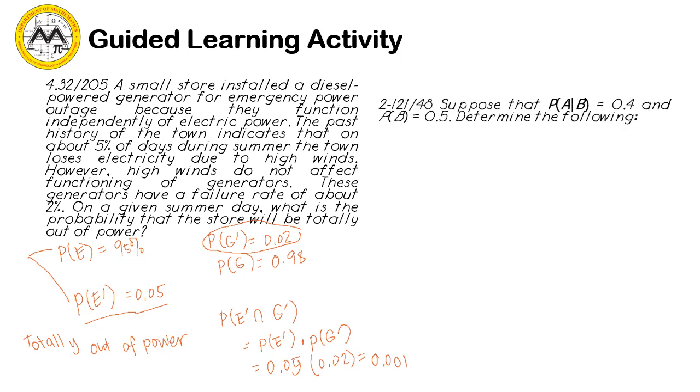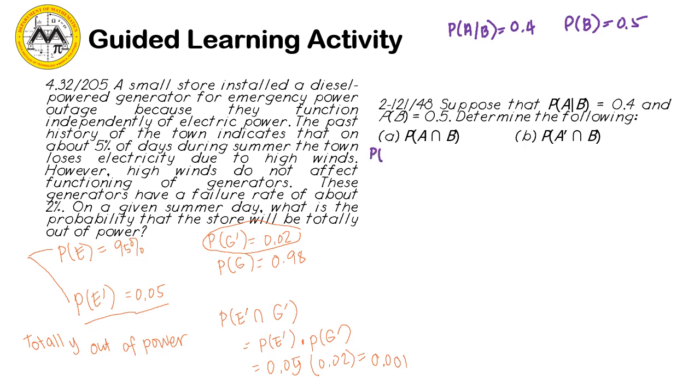Another example. Suppose that P of A given B is 0.4, and P of B is 0.5. What is the probability of A intersection B?